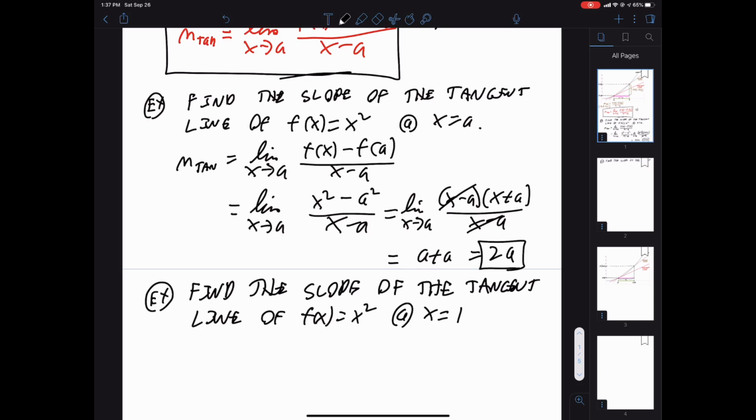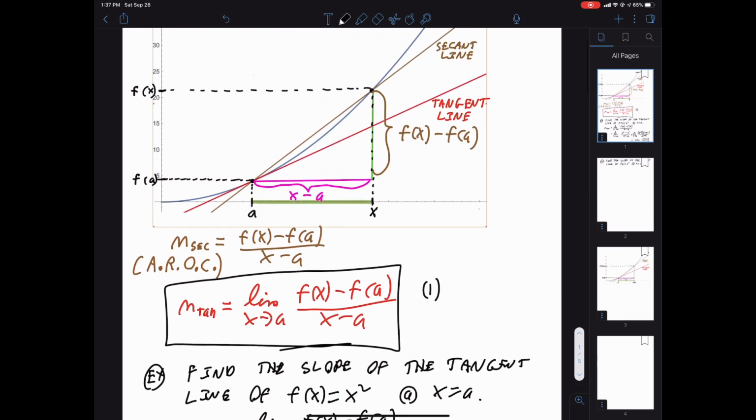But in the previous one, a was actually a constant, a specific point. But in this case, our a will get an actual value. So at point A, when x approaches A, we find the slope at A. So A is the point of tangency that we're looking at.